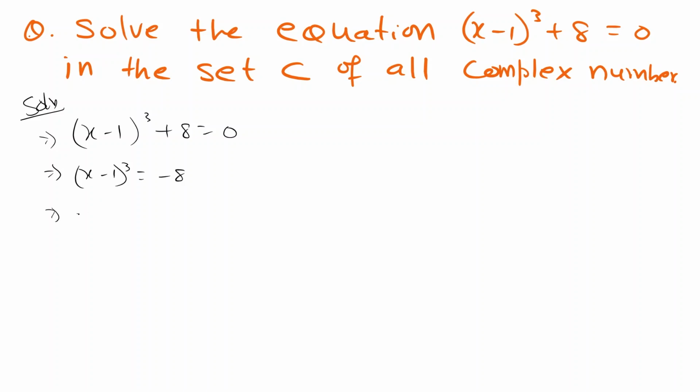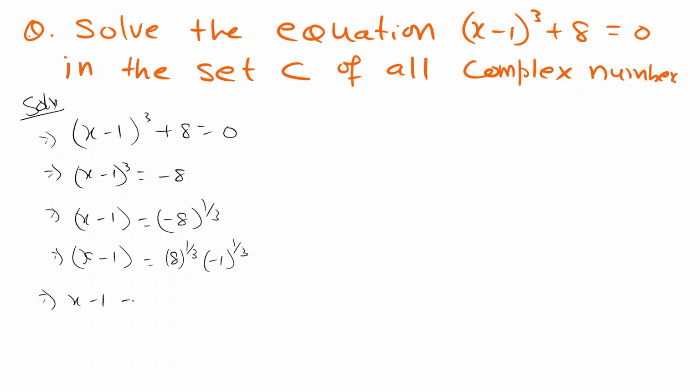We can also write x minus 1 is equal to (minus 8) to the power 1 by 3, and we can also write, just separate it, because minus 8 is equal to minus 1 into 8. So the product of 8 and minus 1. So this one is (minus 1) to the power 1 by 3, right?